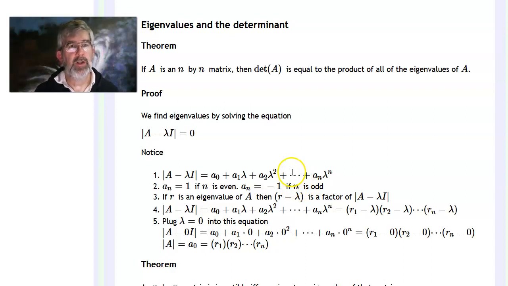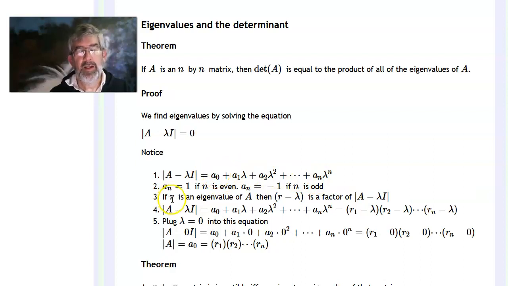The way the book would do it, with lambda I minus A, a_n would always be plus 1, because all of these lambdas would have a plus in front of them. I do it this way because I don't care whether that's a plus or minus 1. What I care about is the a_0.